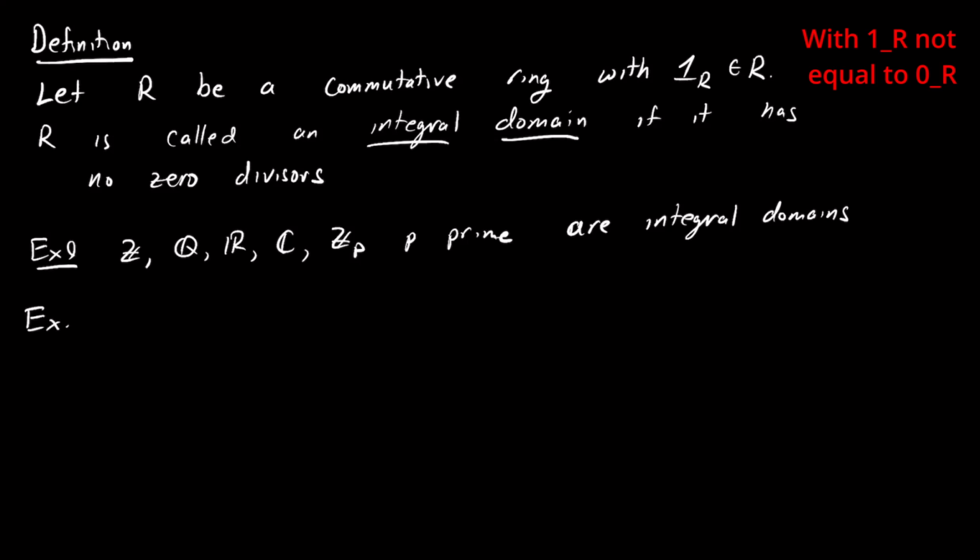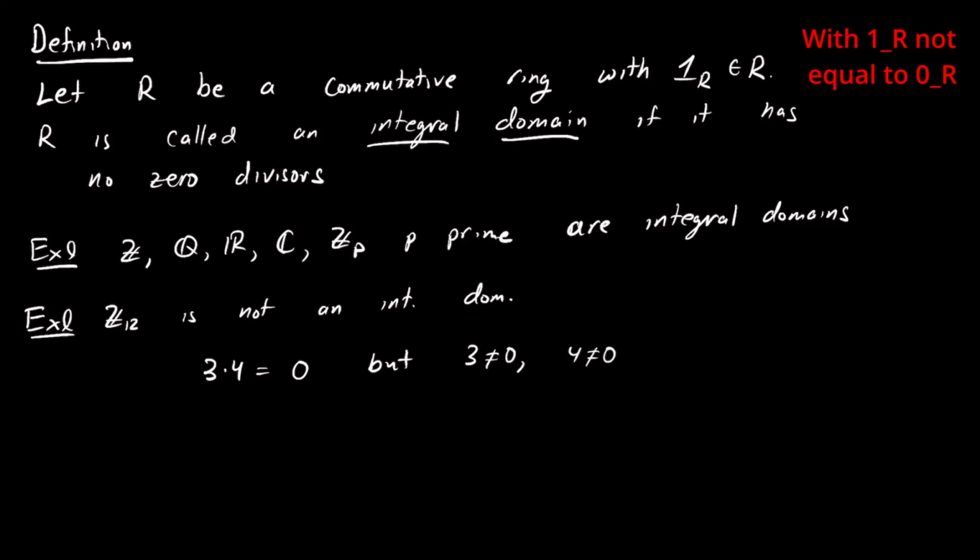What's an example of something that's not an integral domain? Well, Z mod 12 is not an integral domain. And why is that the case? Well, 3 times 4 is equal to 0, but 3 does not equal 0, and 4 does not equal 0.